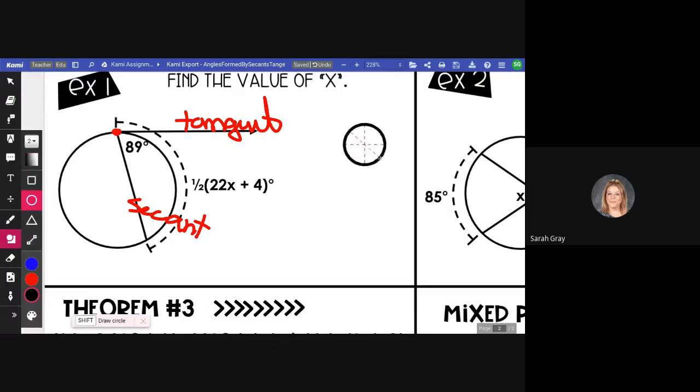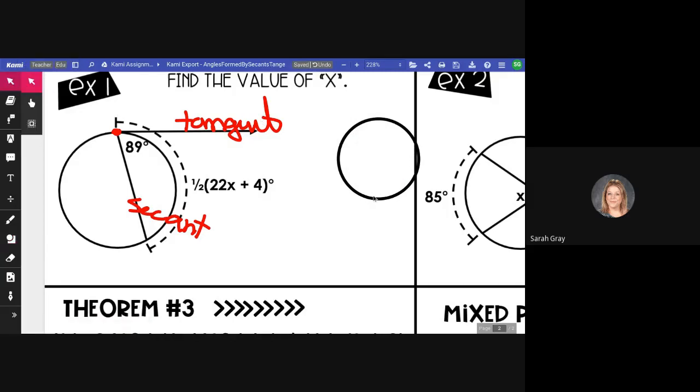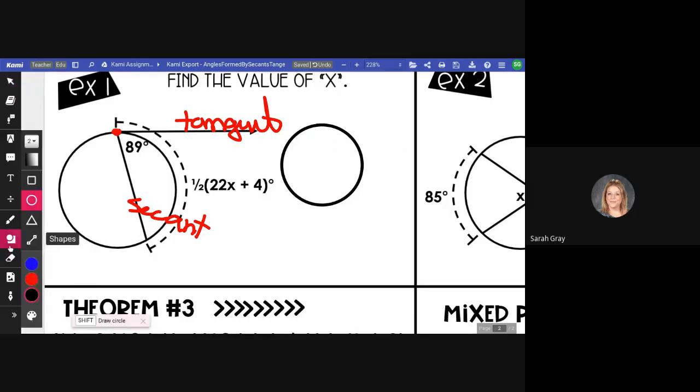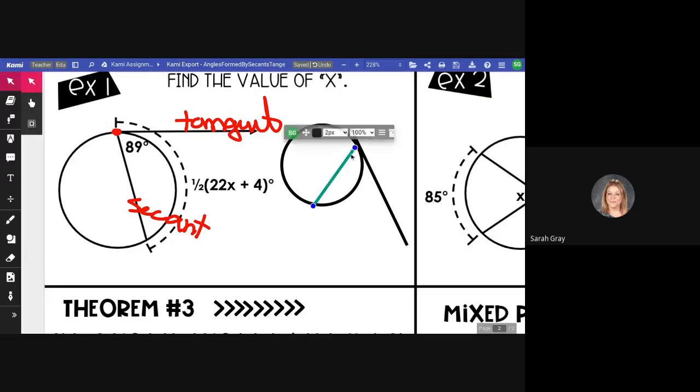So we draw another circle, and we draw a tangent line and a secant line. Now, these are not perpendicular because this secant is not a radius. So you've got something like that.